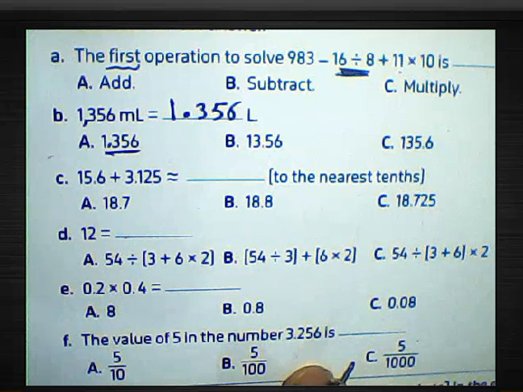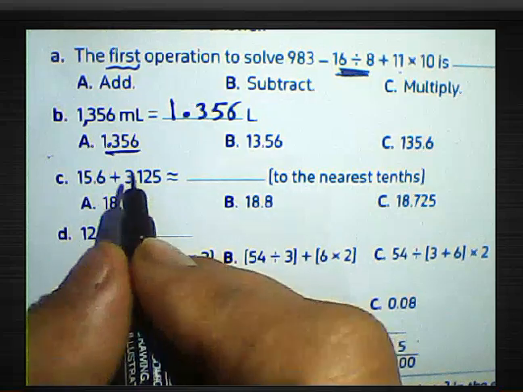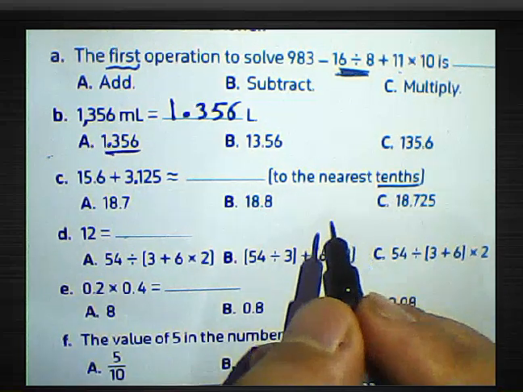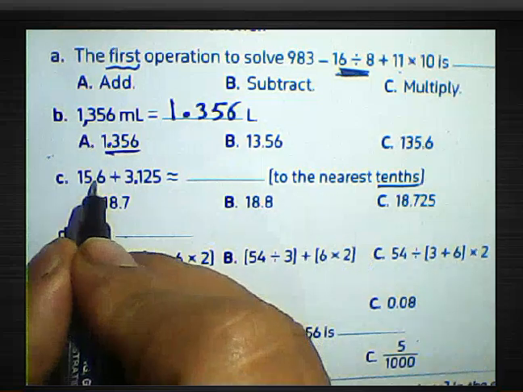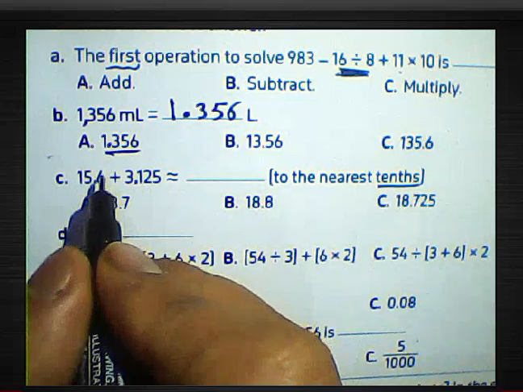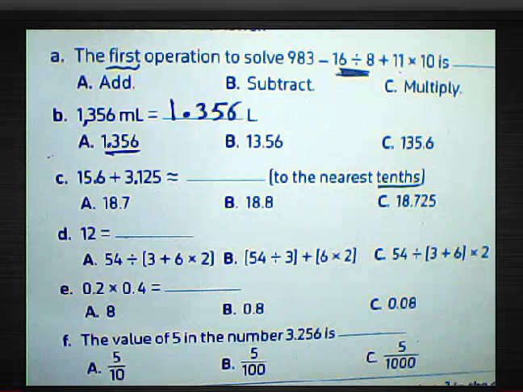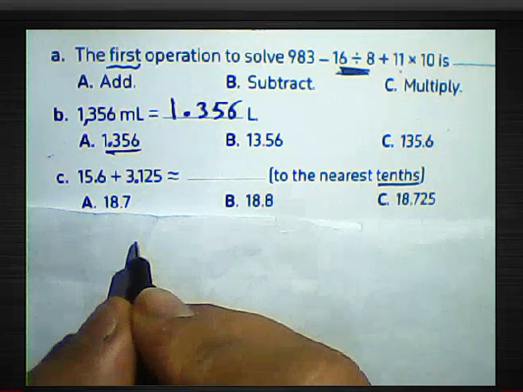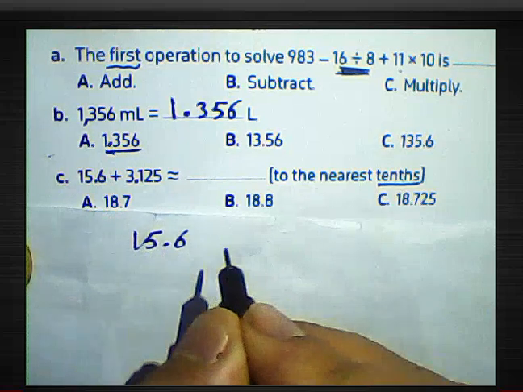Letter C, 15.6 plus 3.125, and then approximating to the nearest tenth. We can find the result by making the 2 numbers have equal decimal places. How? Do you remember this lesson?